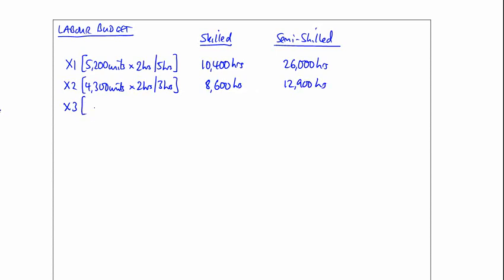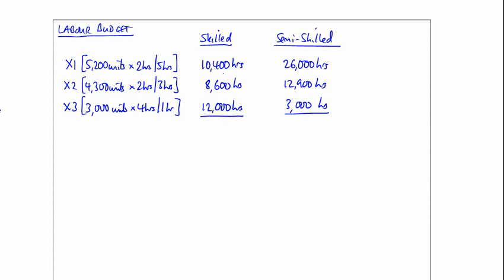Last one, product X3, we're making 3,000 of those according to our production budget, and each one uses 4 hours of skilled time and 1 hour of semi-skilled, so it's going to be 12,000 and 3,000 hours.